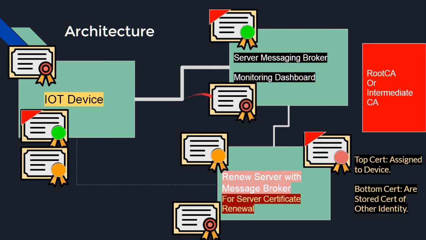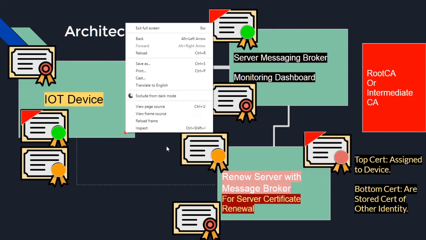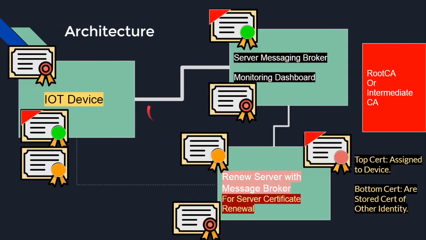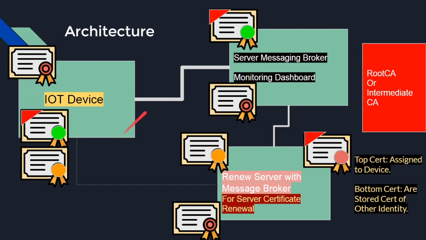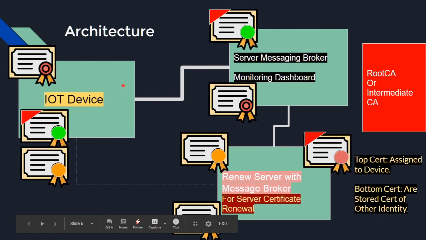As you can see, there is a round chain, a circular chain, a cycle that has been formed, and once the cycle is formed, no one will break it. And if anyone is able to break it, we would detect it on our server side, and at the same time we will blacklist that IoT device. So this way we can manage.